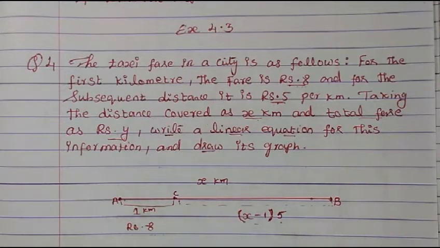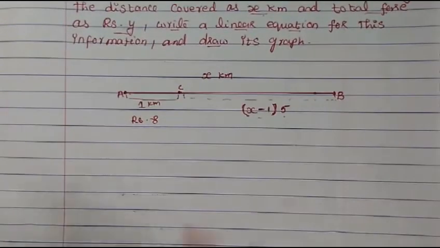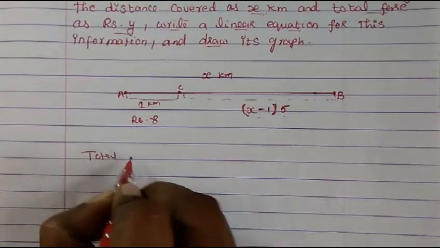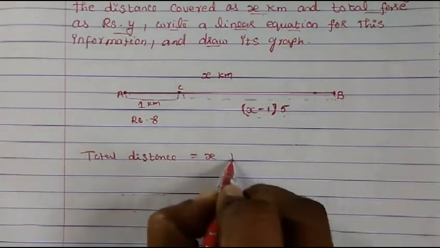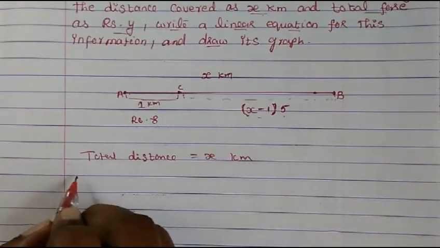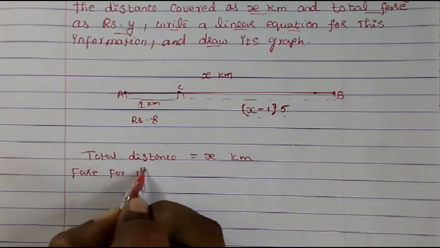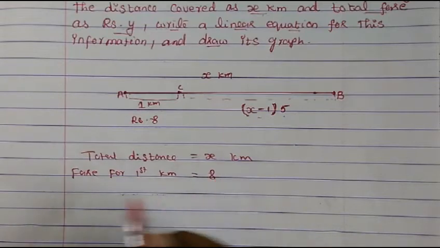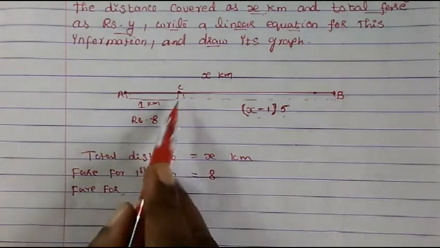Let's write down the information, because we have to prepare the equation. Total distance is x kilometer. Fare for the first kilometer is 8 rupees.